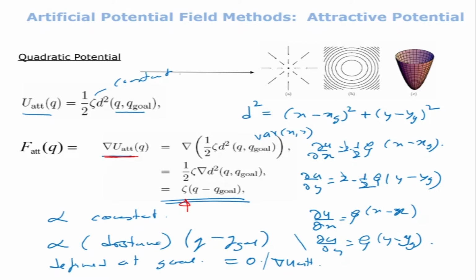Exactly in the same way, the distance is the square root of (x minus xg) squared plus (y minus yg) squared, and we take the partial derivative of u with respect to x and then with respect to y. So I get this term and this term, and my grad is equal to zeta into q minus q goal. When the robot reaches the goal point, this distance will become 0 and the grad will become 0, but it does not become undefined.